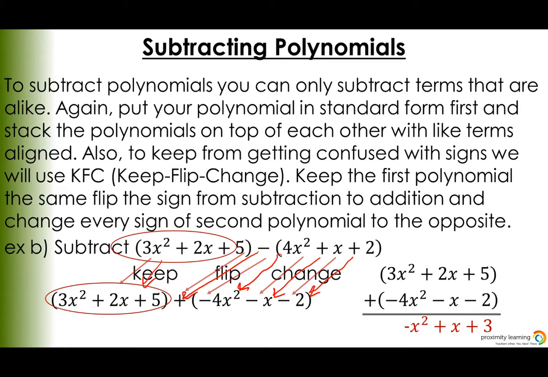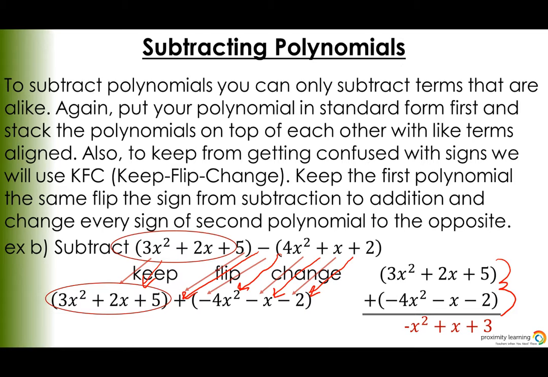And then what we'll do now is align these on top of one another like this, and we will simply add them top to bottom. So 5 plus negative 2 results in 3. 2 plus negative x results in a positive x.